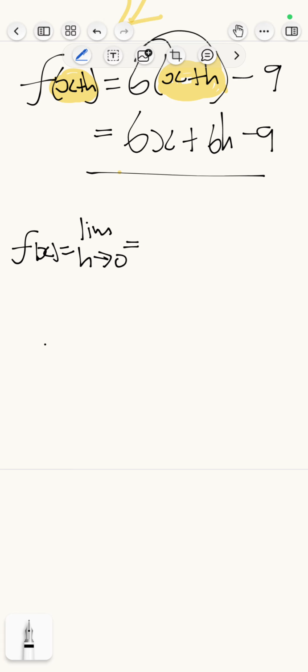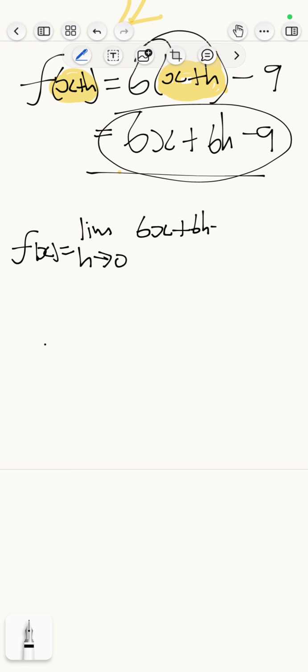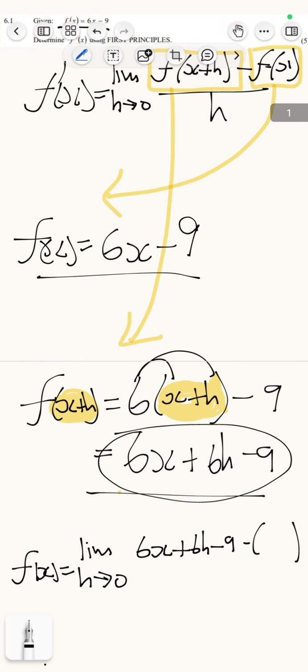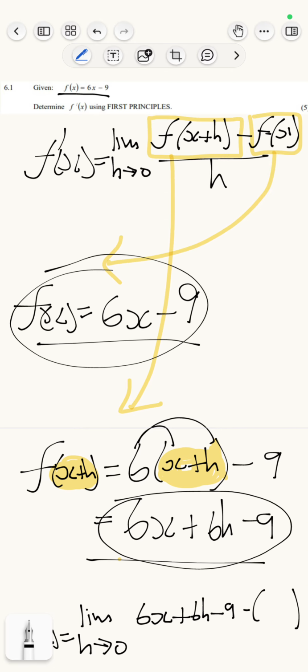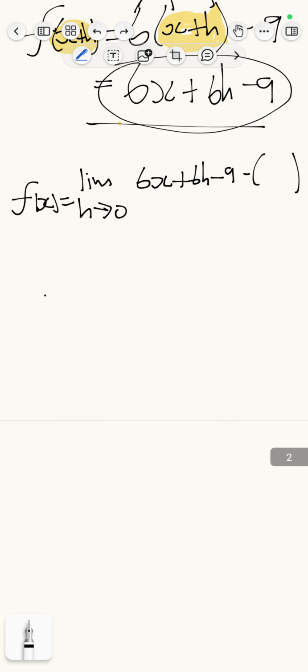Then f(x + h), this part is the first part, 6x plus 6h minus 9. Now remember to do your substitution for the second part in brackets. So I'm going to have a minus, and now I'm going to put in brackets 6x minus 9, all divided by h.